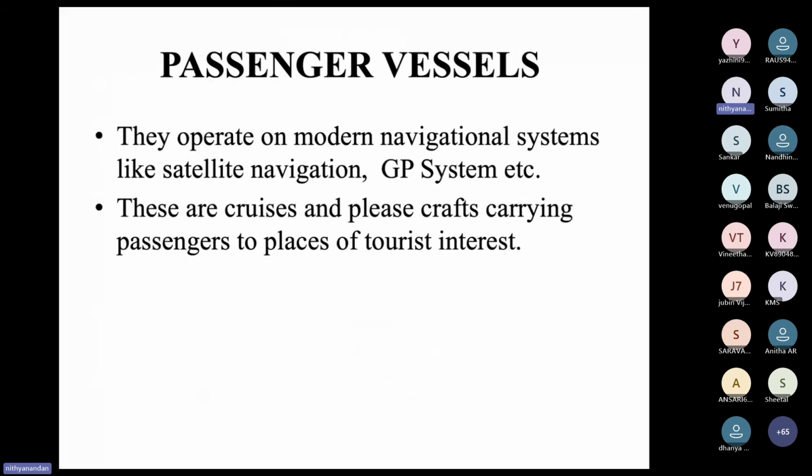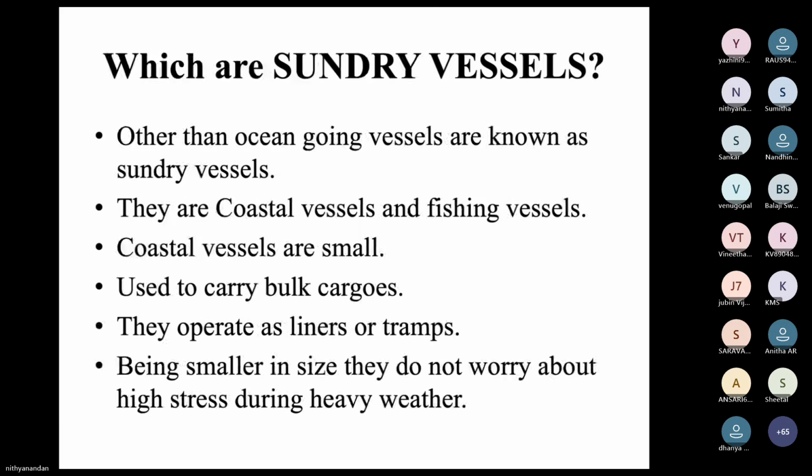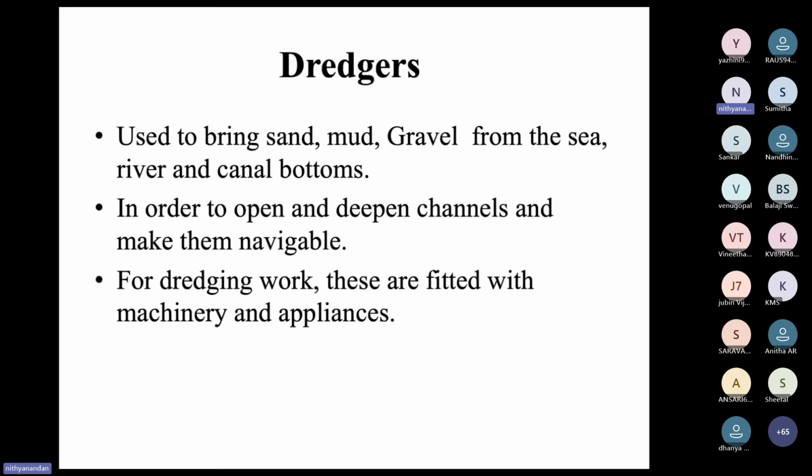Passenger vessels have modern facilities to carry the passengers. Sundry vessels: small vessels, other than ocean going vessels, are called sundry vessels. Fishing vessels, only meant for fishing operations. Dredgers means used to remove sand, mud, gravel from the sea.